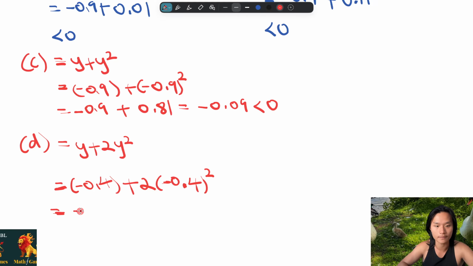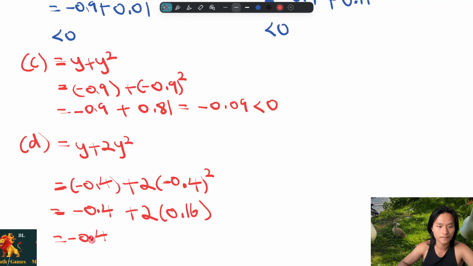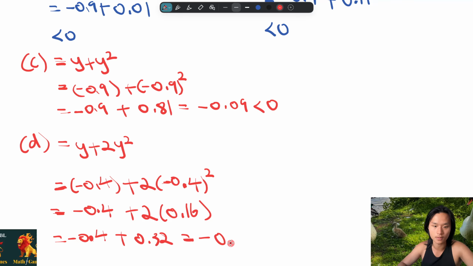So we have -0.4 plus 2 multiplied by 0.16. So -0.4 and then plus this I believe to be 0.32, resulting in an answer -0.08. Once again, this is less than 0.